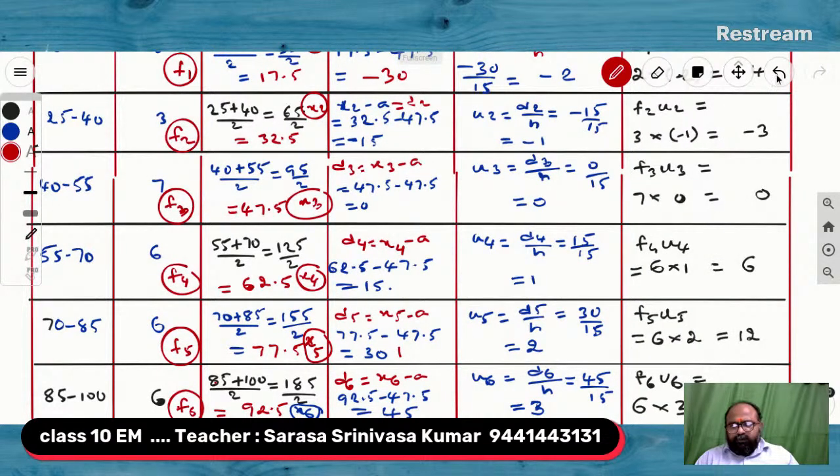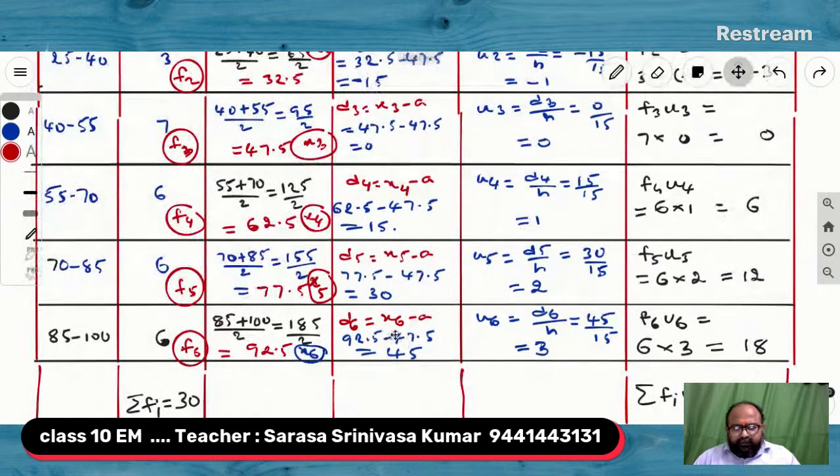Next we calculate D6. To find D6, we use x6 minus a. x6 is 92.5. 92.5 minus 47.5 is 45. So we got the deviations D1, D2, D3, D4, D5, D6.